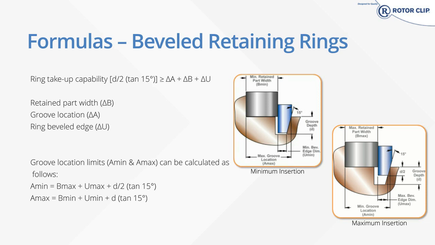B-min and B-max in this case are known from the design of your retained part, just as with the bowed rings, and U and D are catalog values, U being the thickness of the ring after the bevel, and D being the depth of the groove.